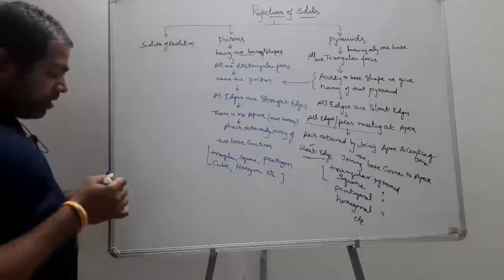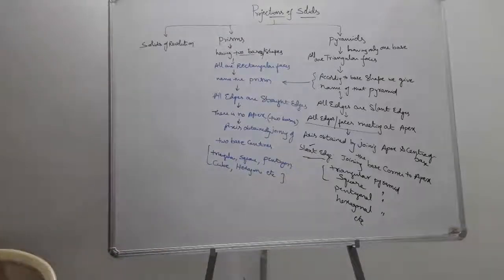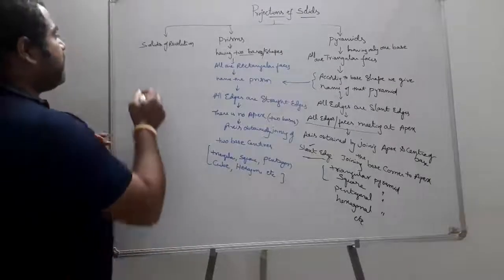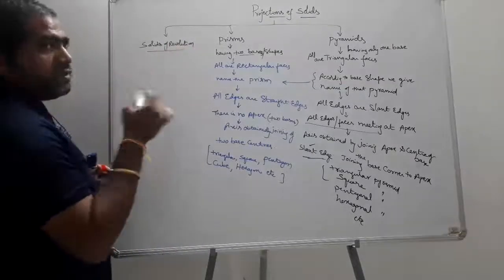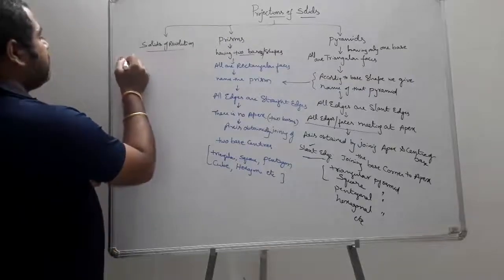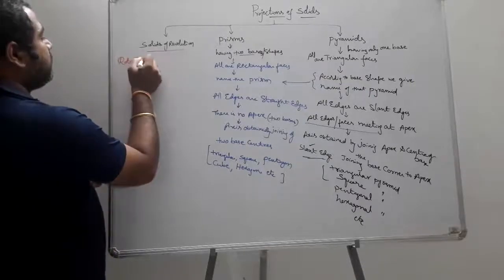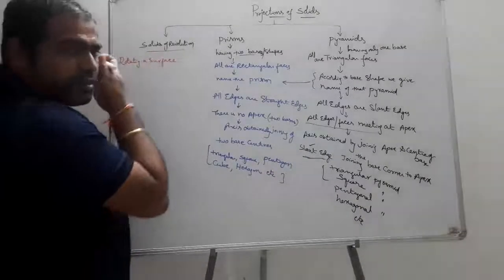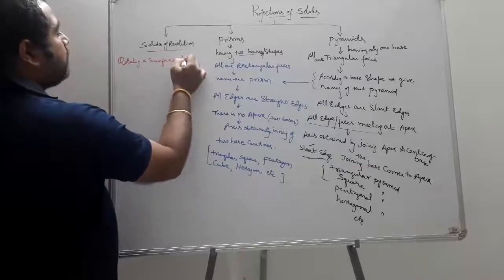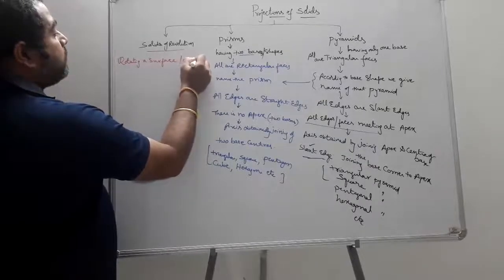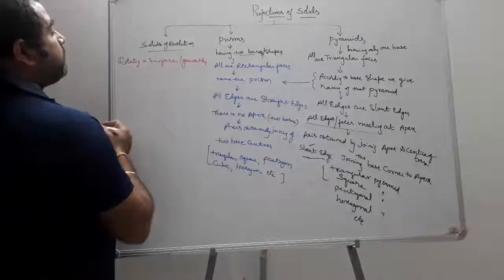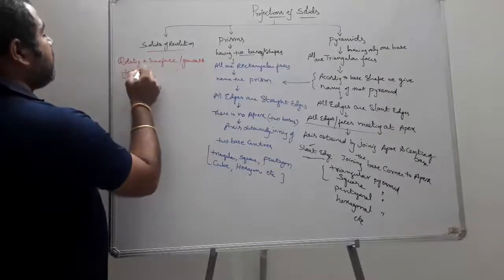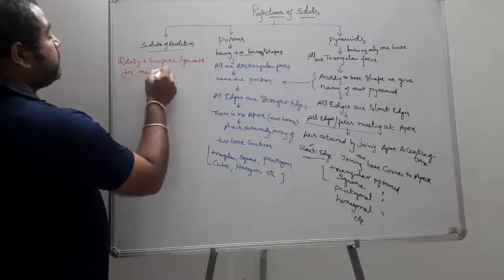Now, what are the solids of revolution? We already know the solid of revolution. What is meant by the solid of revolution? Rotating the surface or generator for 360 degrees, for one revolution.